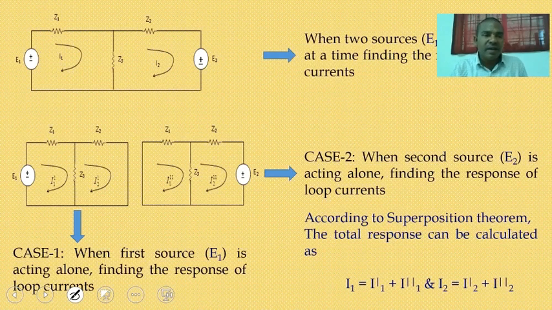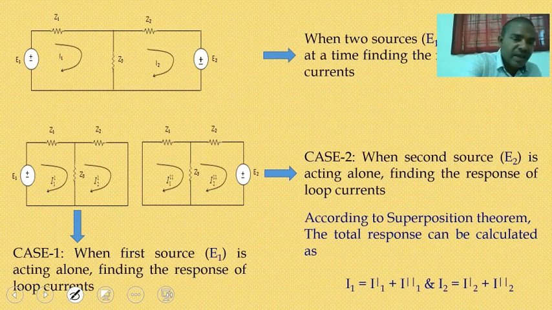Now coming to a simple example. Here I have taken a two loop circuit. E1, E2 are the two voltage sources. I1, I2 are the two currents, or you can call them responses. According to the superposition theorem, we have to take individual sources acting at a time and the remaining sources are made zero.